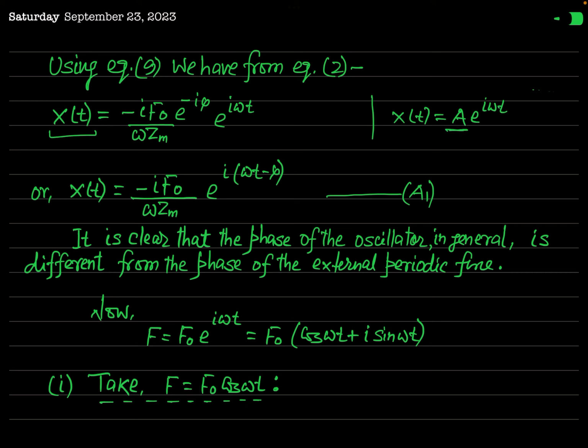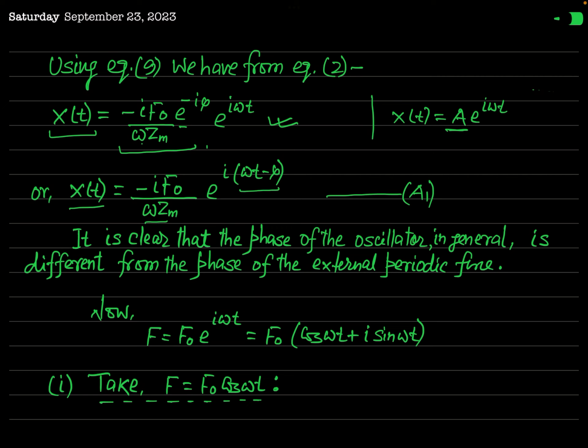But we have obtained the value of A, which is minus i F0 divided by omega mod Zm times e to the power minus i phi. Okay. So x of t will be equal to this much. Now combine these two exponential factors and you can see x of t will be equal to minus i F0 over omega mod Zm times e to the power i omega t minus phi.